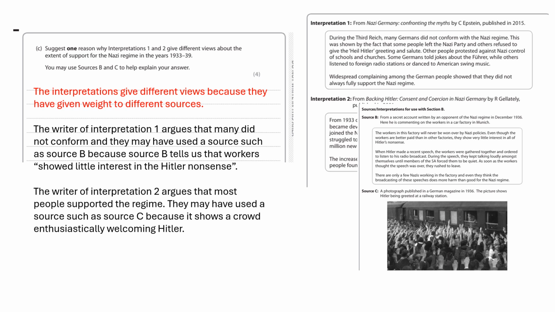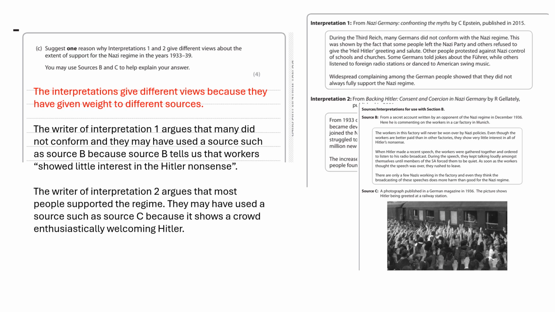So what you do in your booklet, which has your 2 interpretations on one page and your 2 sources on the other, is you match them up. You find out which source says or shows the same thing as interpretation 1 and which source says or shows the same thing as interpretation 2.